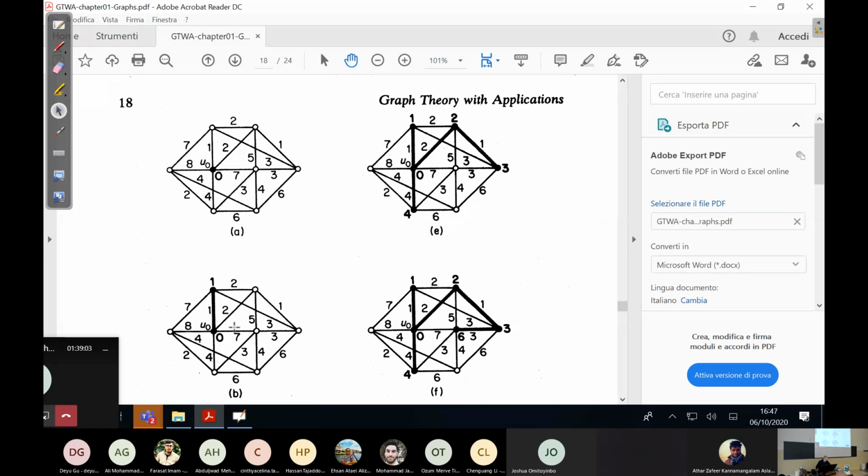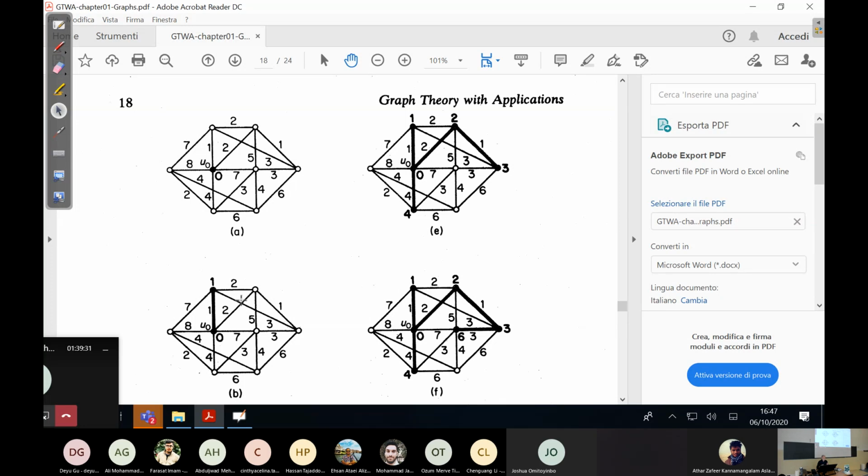So now let's look. 0 plus 2 is 2. 0 plus 7 is 7. 0 plus 4 is 4. 0 plus 8 is 8. But we also have 1 plus 2, 1 plus 7, 1 plus 3. But these are all greater than this very simple 2.